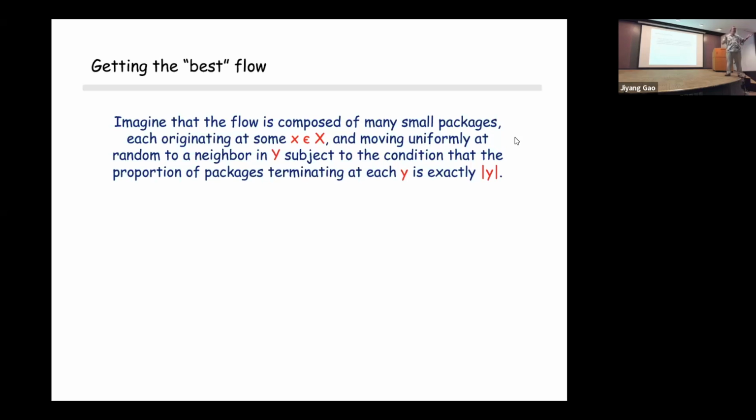And what often happens in large random systems, many of you know this phenomenon very well, is that when numbers start getting large, they behave in a very predictable fashion. And in this particular case, if there are very many very small packages, the amount of flow on each edge will essentially be predictable.